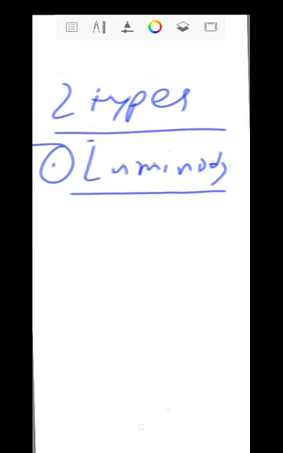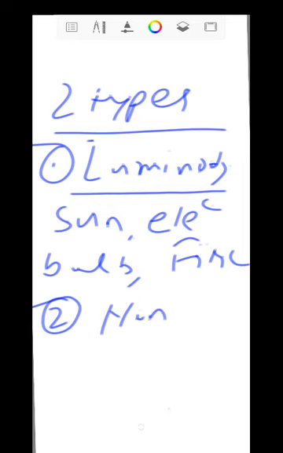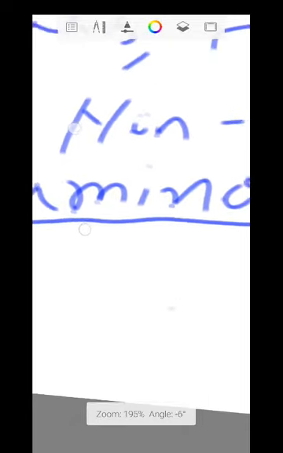The examples of such objects are the sun, electric bulb, fire, etc. The next type is the non-luminous object. The non-luminous objects do not have their own light, but they can reflect the light that they get from the luminous object.